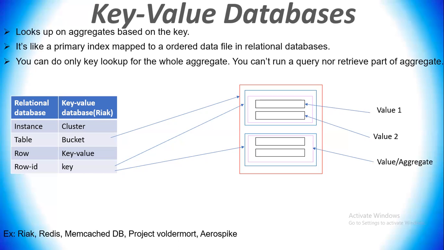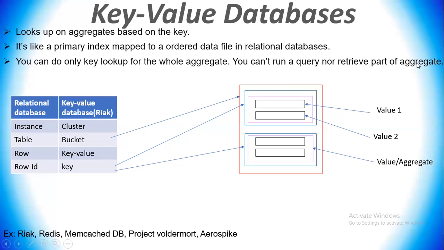Some database management systems also allow some part of the aggregate to be retrieved, but still the limit is the aggregate. That did not change. Many database management systems bring the whole aggregate at once, then analyze that aggregate, update, or do whatever the operation.